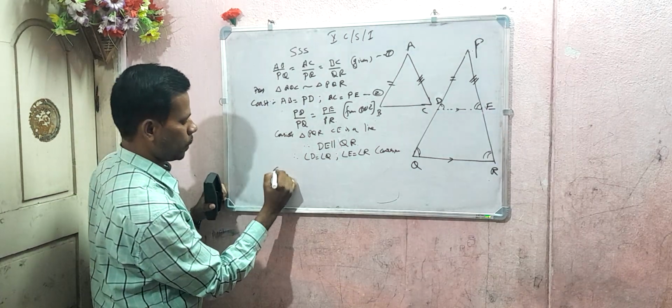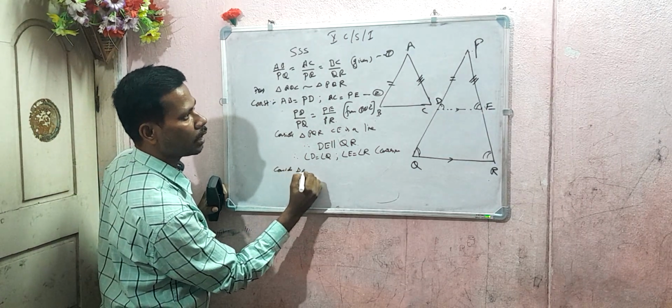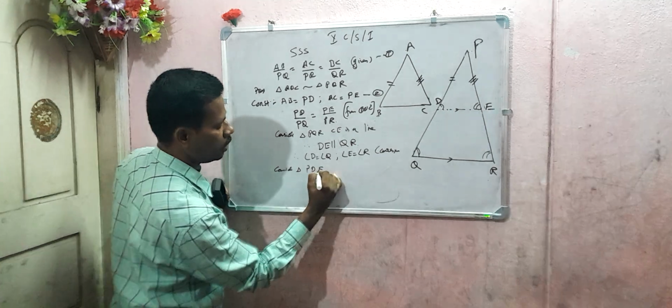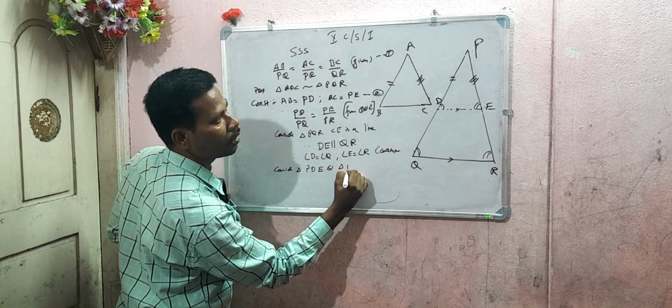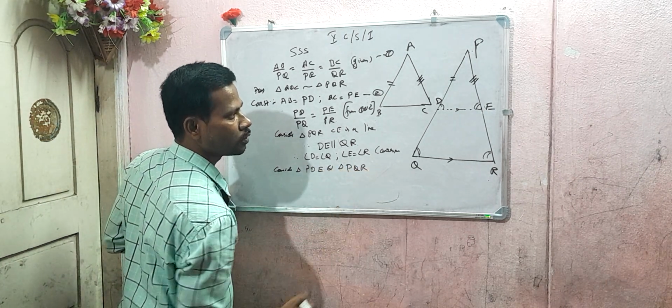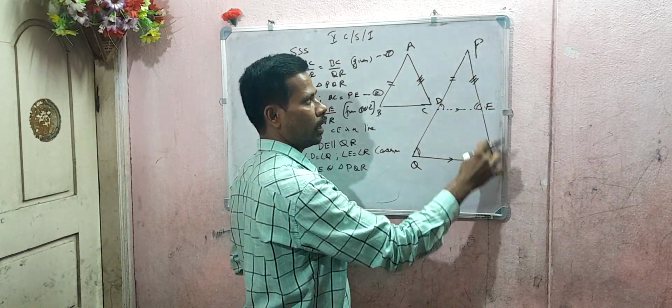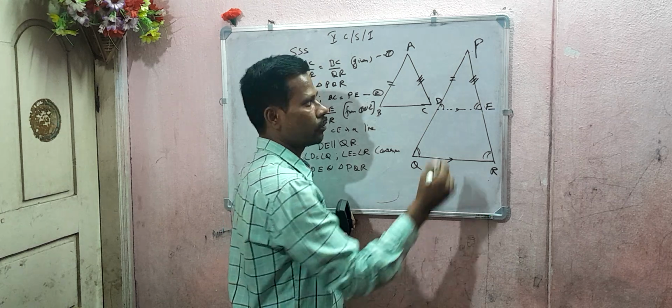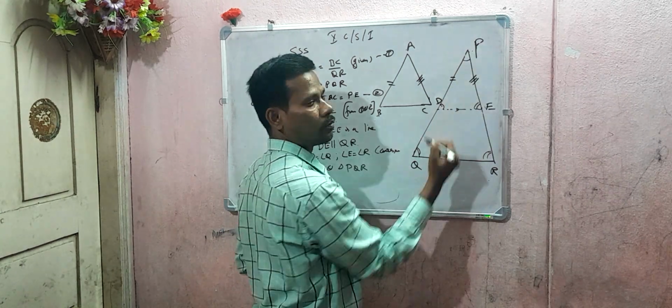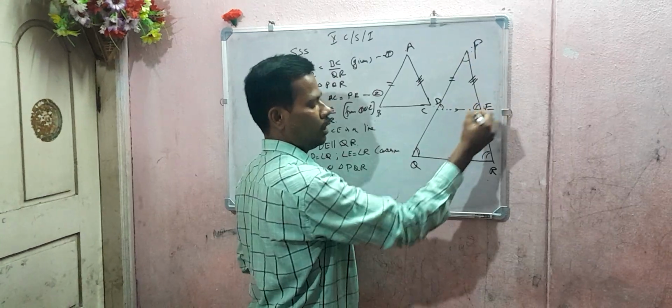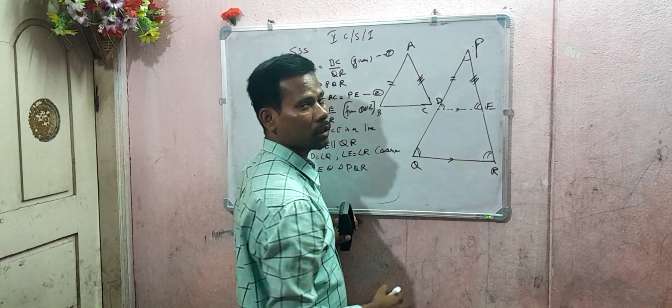And now consider triangle PDE and triangle PQR. For the small triangle and this big triangle, angle P is a common angle because DPE is nothing but QPR.